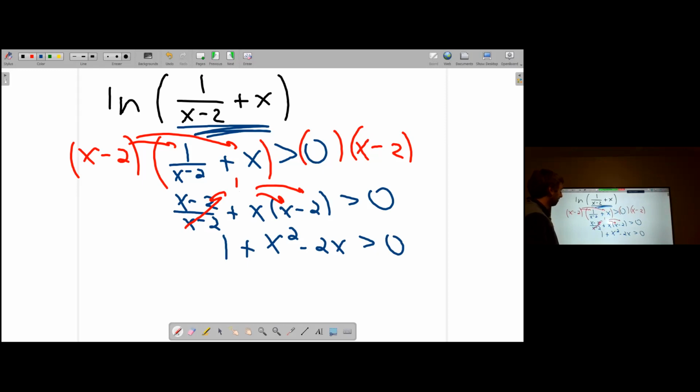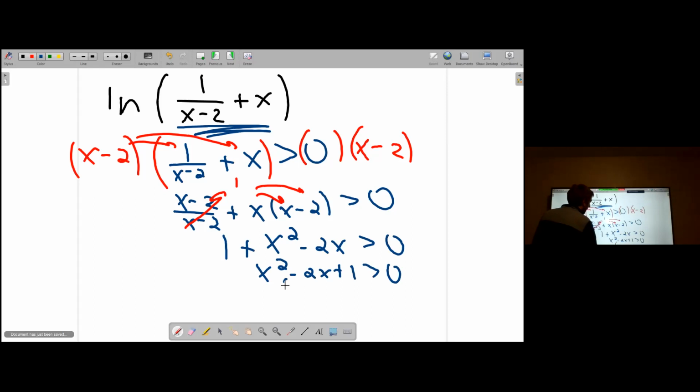Oh, you know what? I think this is going to factor. If I rearrange this, we get x squared minus 2x plus 1. That factors as x minus 1 times x minus 1. That's nice. Is bigger than 0.